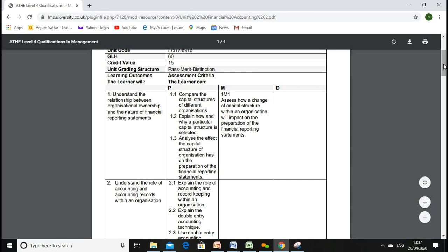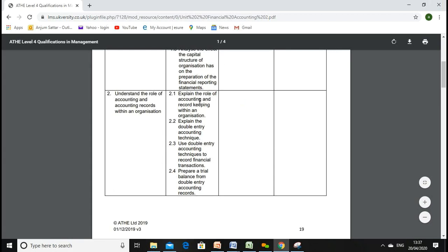We discussed IAS 1, International Accounting Standard 1. We discussed the 4 types of financial statement that are prepared, and we saw different companies' financial statements as well in lesson 1.